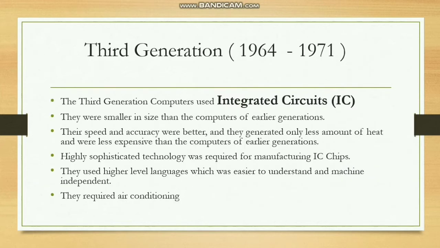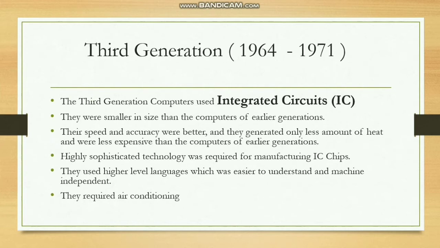The third generation. That means the computers which were built from 1964 to 1971 with integrated circuits, IC chips, were known as third generation computers. The third generation computers used integrated circuits. They were smaller in size than the computers of earlier generations.